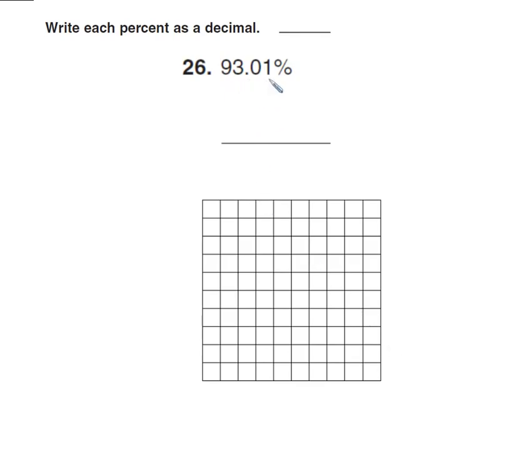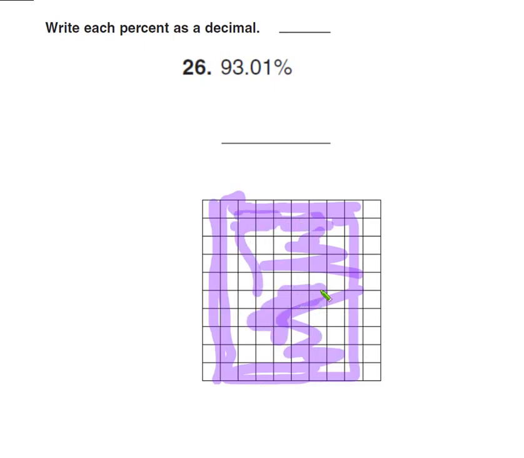We have 93 1/100th of a percent. Okay, so let me color in. This would be 10, 20, 30, all the way to the 9. So I've got to shade all this in here. Okay, so all this is shaded in, all the way to here.